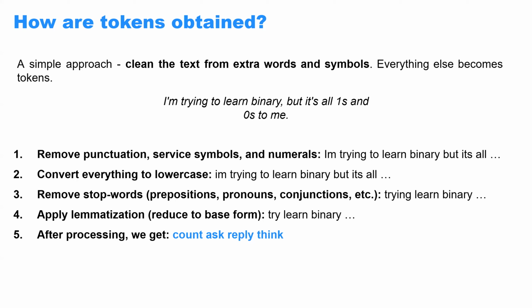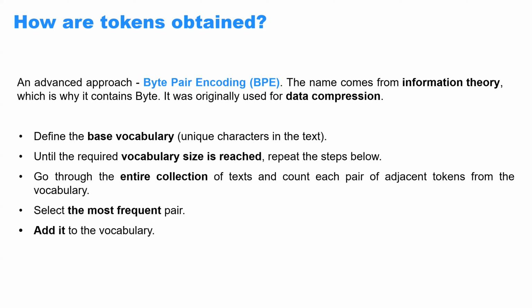Apply lemmatization, like converting trying to try. And the result will be: try learn binary from that sentence. So we'll lose a lot of information, but at least we can preprocess this sentence.